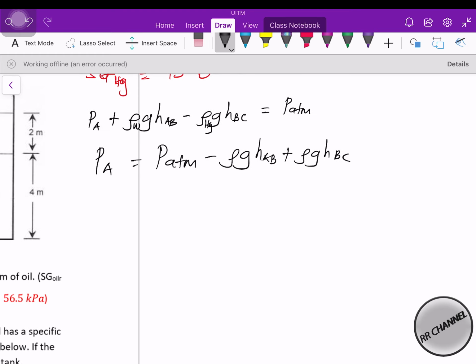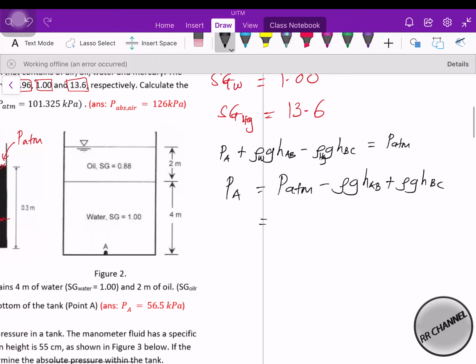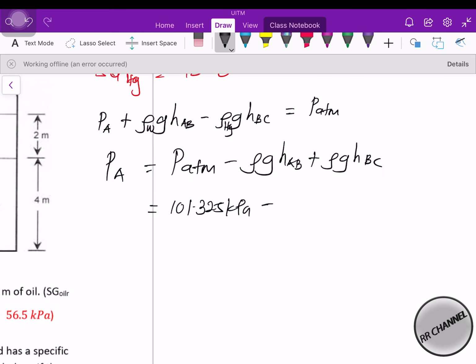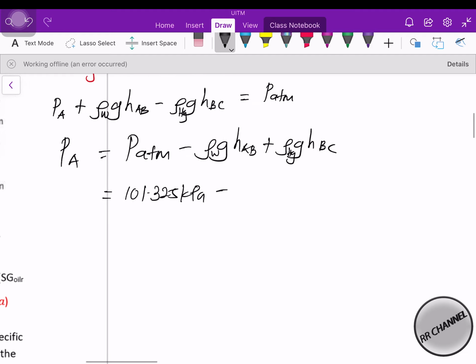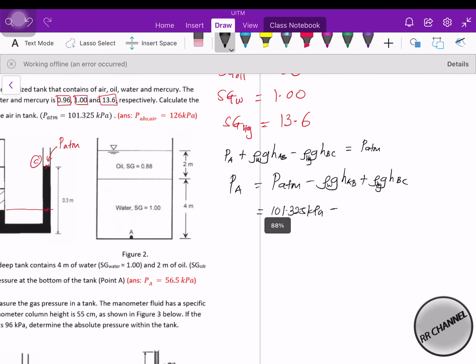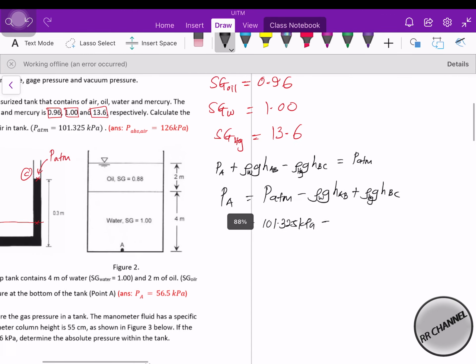Okay, so here you can put in all of the values. So P atm basically is equal to 101.325 kPa minus, so this is rho of water, and this is for Hg. The rho of the water is not given directly, but it gives you the value of specific gravity of the water.